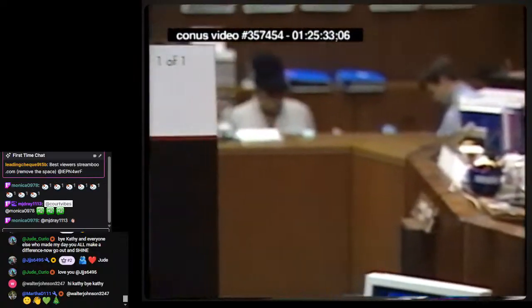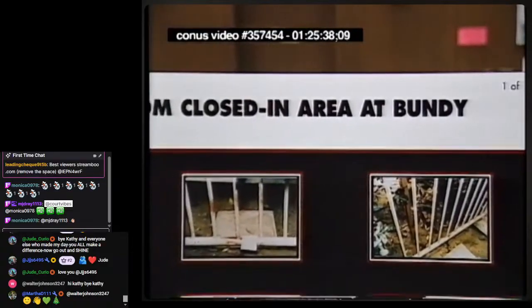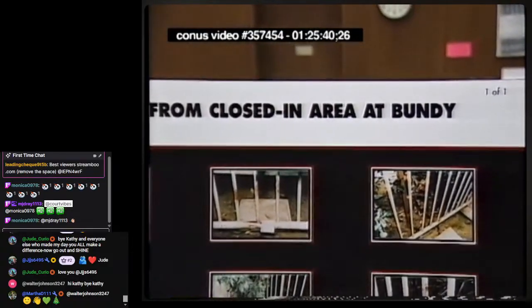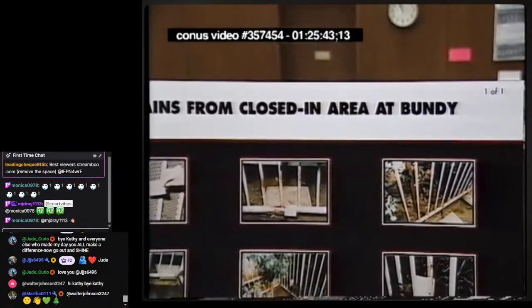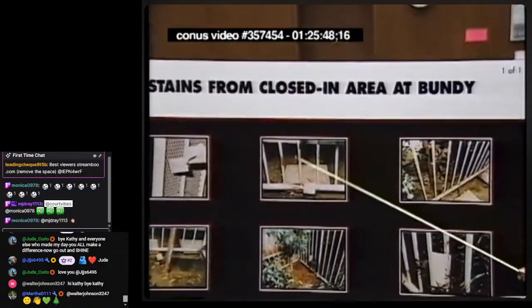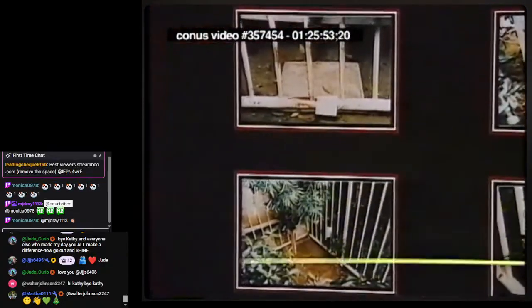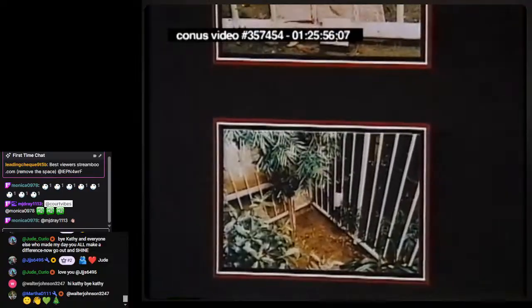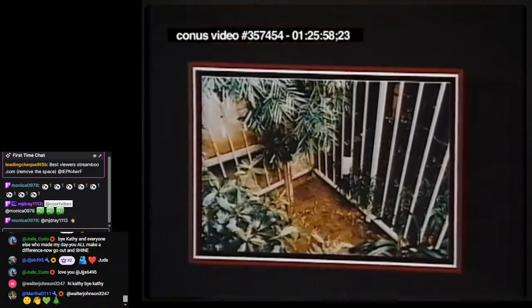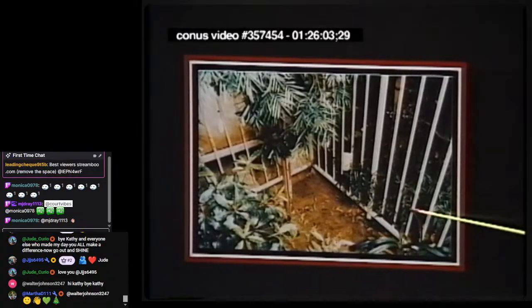Thank you, Mr. Sheck. Now, Dr. Lee, what does the center picture in this board depict? The center picture, second row, second column. This depicts an overall view of a corner of a fenced-in area at the Bundy scene.